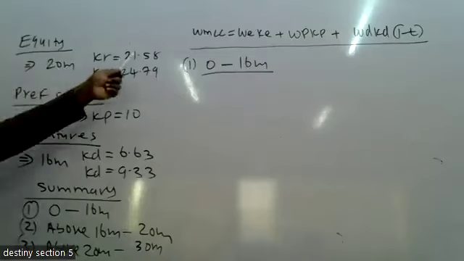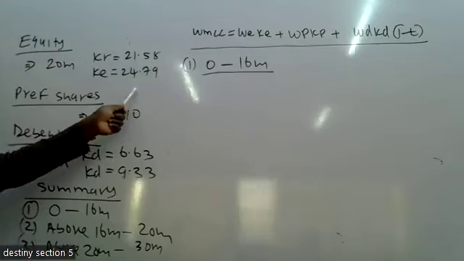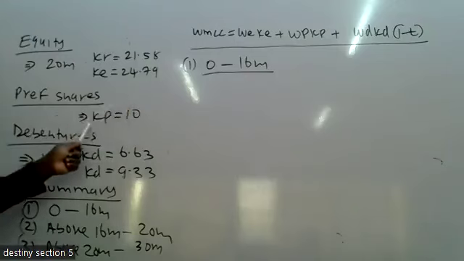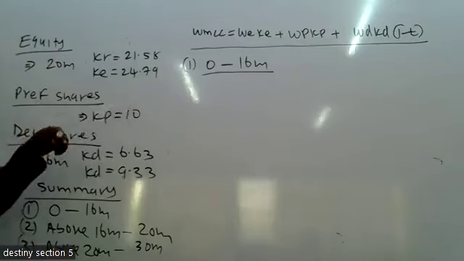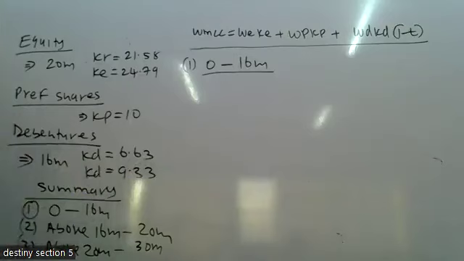Above 20 million, use the ordinary share. The preference shares had no breakpoint, so it applies to all of them. For the debentures, 16 million and below, use 6.63. Above 16 million, use 9.8. So that's the information that we have.